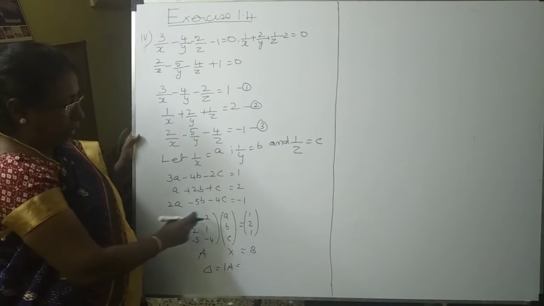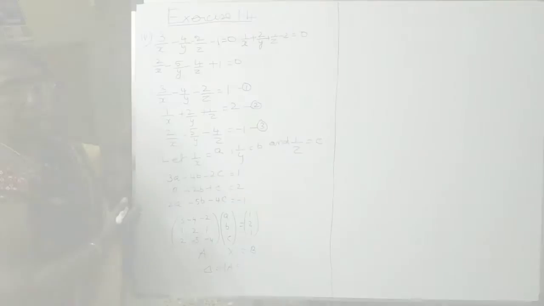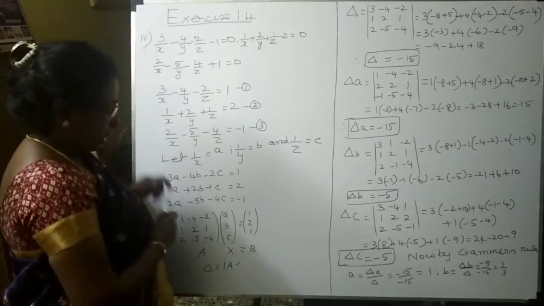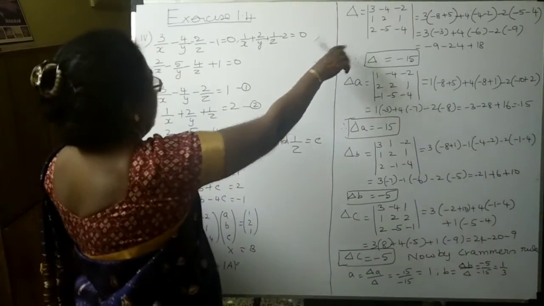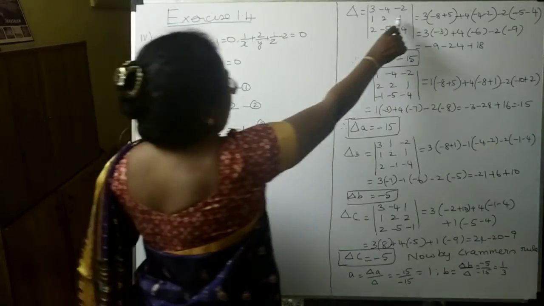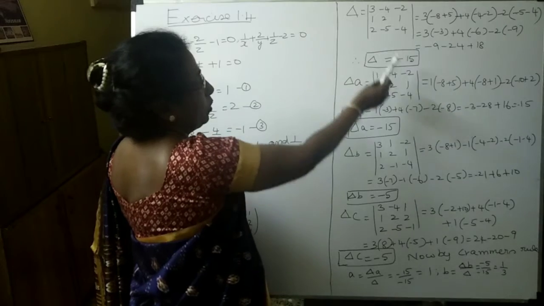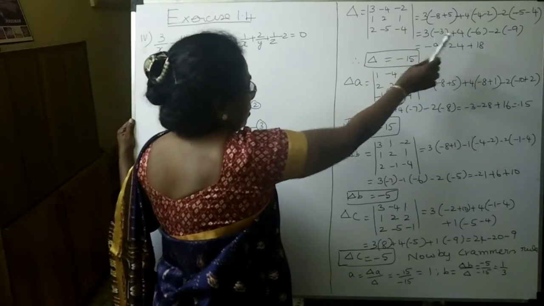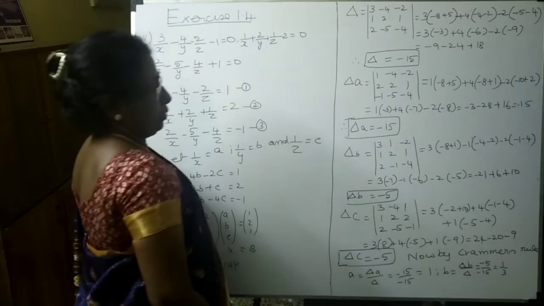Then we can find out delta A, delta B and delta C. So delta is equal to determinant A. Now this is equal to 3, 1, 2, minus 4, 2, minus 5, minus 2, 1, minus 4. You expand this determinant and simplify, you get the value of delta to be minus 15.